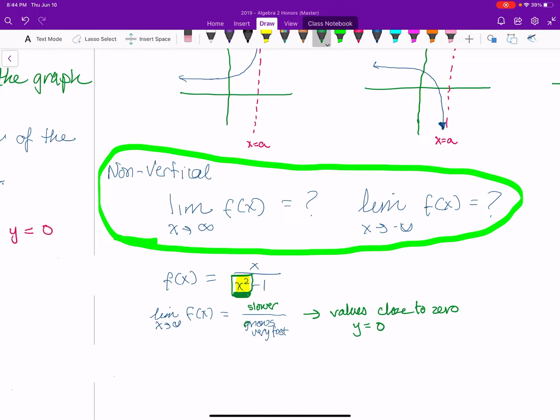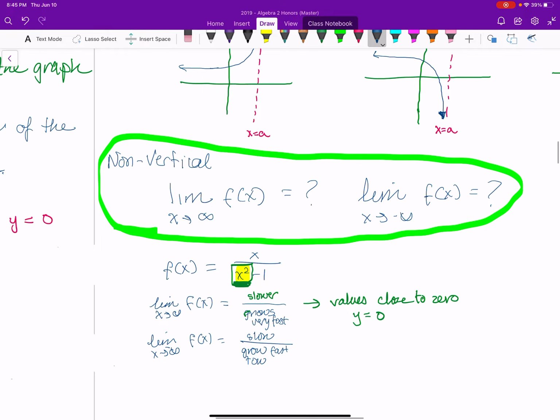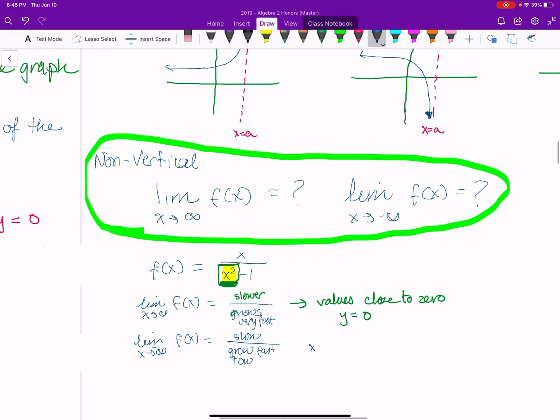The same is true even if I did it for negative infinity, the limit as x approaches negative infinity of f of x. The numerator is slower, the denominator grows fast. If I substituted in negative values for x, and you could test it out, like if you let x be a very large number, say x equals 100,000, that's 100,000 over 100,000 squared minus 1.